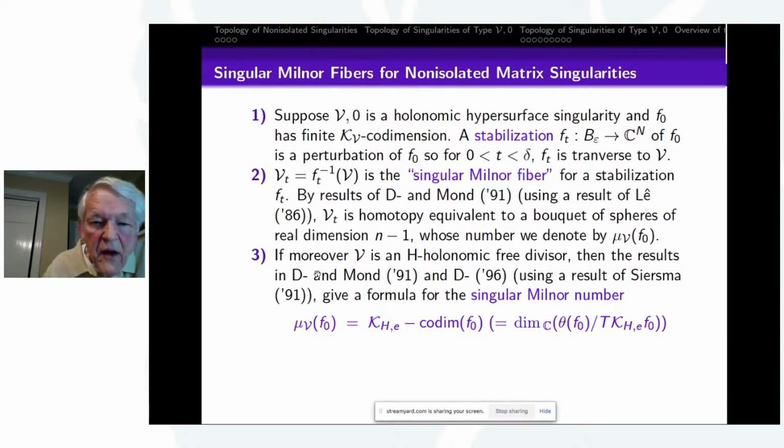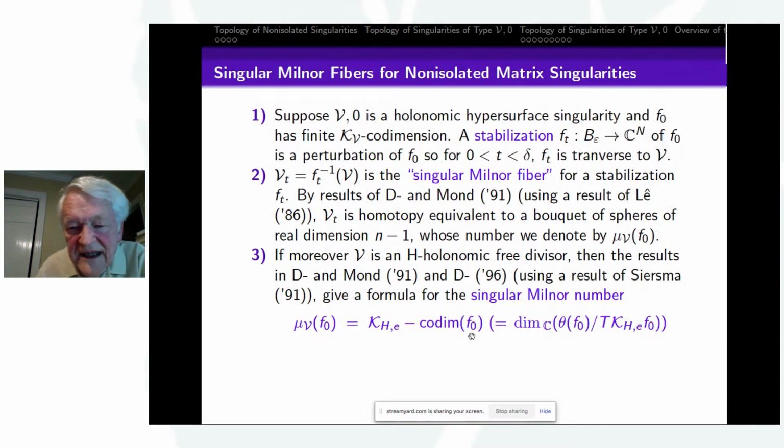And then we can use the algebraic properties of the tangent space and use a result of Dirk Siersma, which is a form of complex Morse theory, in order to give a formula for the singular Milnor number, the number of these spheres, in terms of these KH codimension.